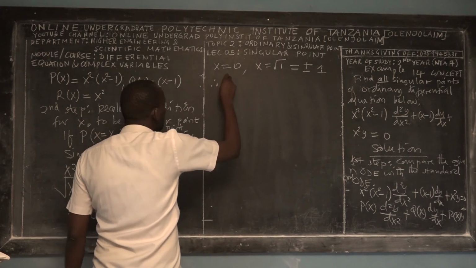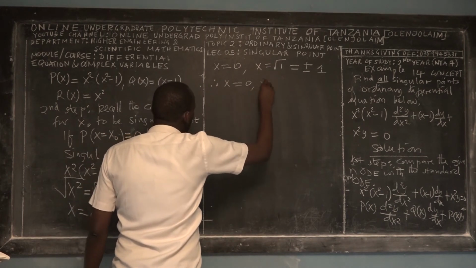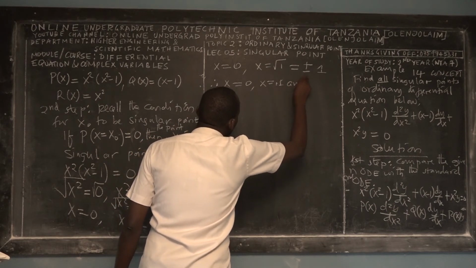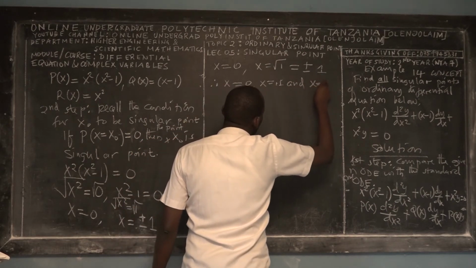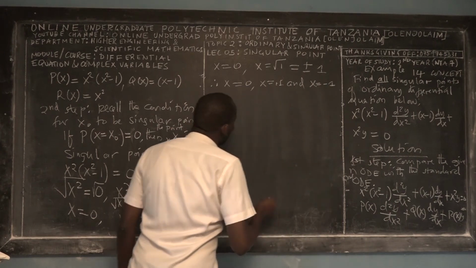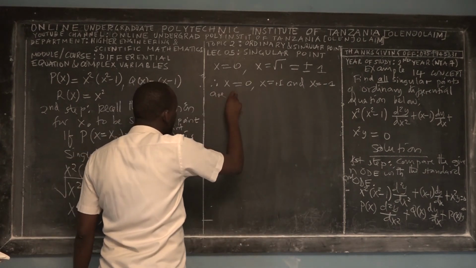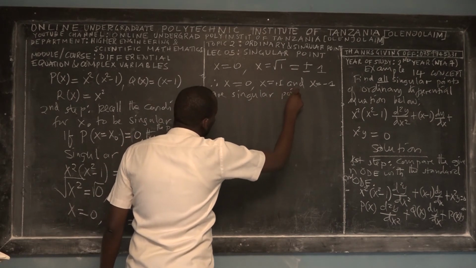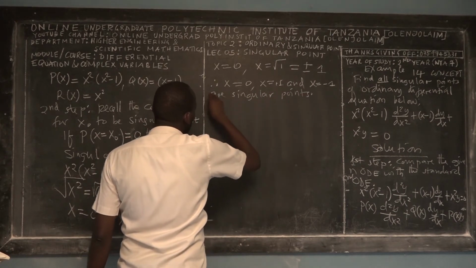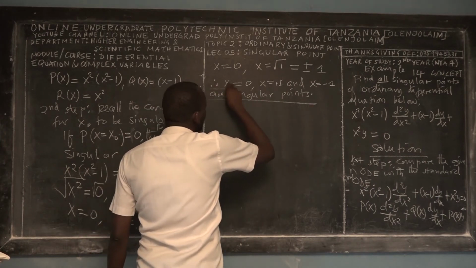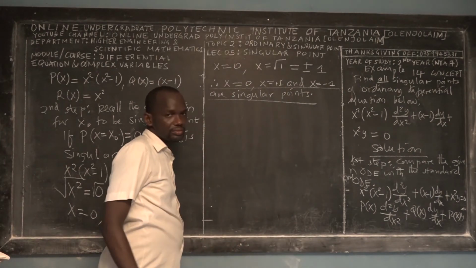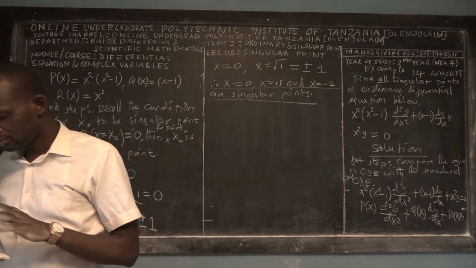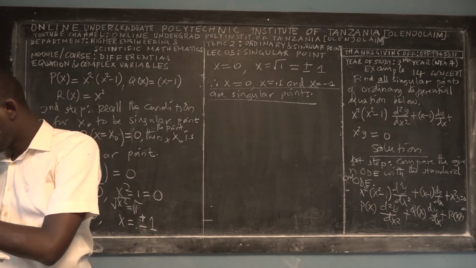So therefore, x is equal to 0, x is equal to positive 1, and x is equal to negative 1 are singular points. So that's the end of that question, which you have been asked to solve.